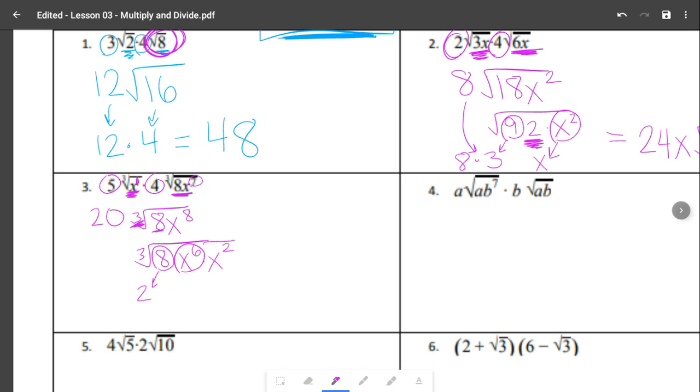X to the 6th being the perfect cube because it's a multiple of 3. So dividing 6 by 3, we get x squared coming out. That other x squared is left inside. Don't forget to bring down the 20 to multiply with the 2 that already came out. So your final answer here should be 40x squared and then cubed root x squared.